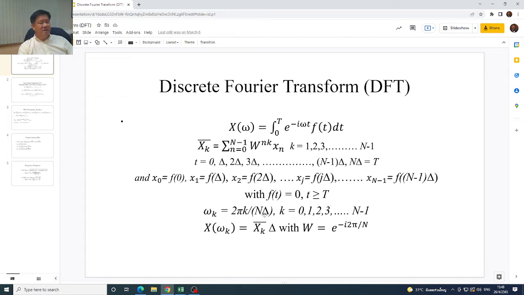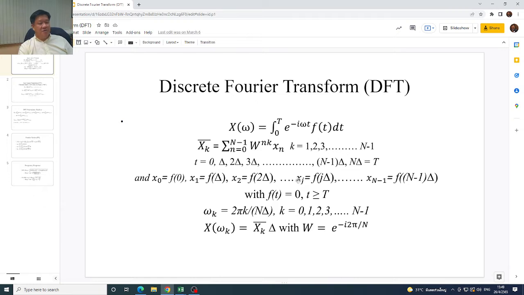If k is equal to n, the resolution of 1 over T becomes 1 over delta. In this case, we cannot do that, because at time n delta, the signal has vanished. So once the signal has vanished, you can't expect that k can be equal to n here.